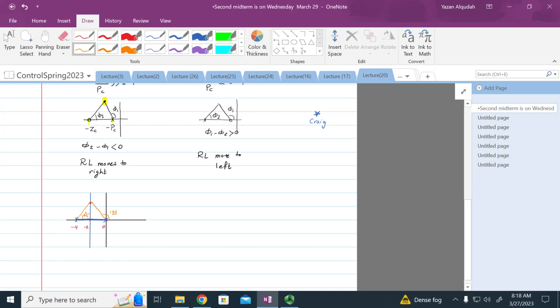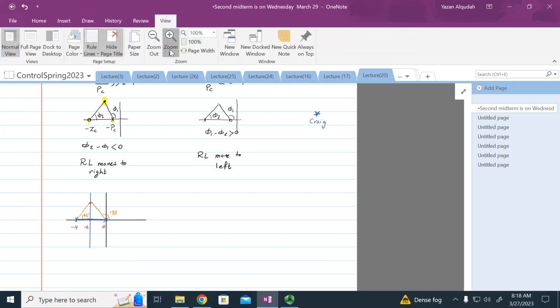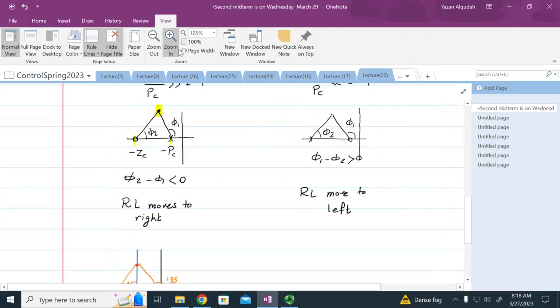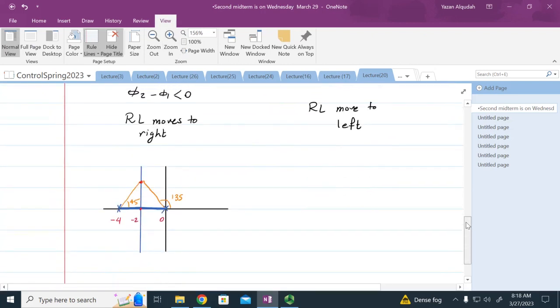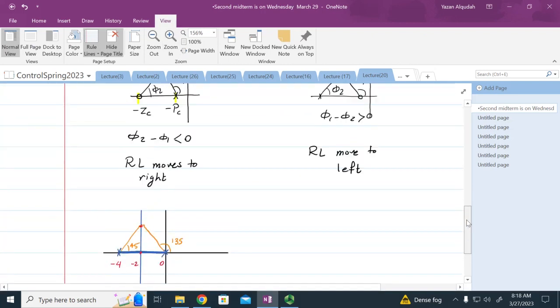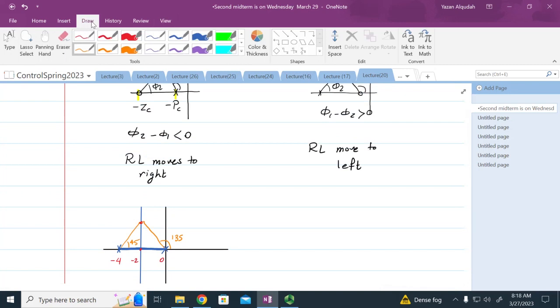Now, what happens if I add a pole and a zero in this configuration? I'm going to zoom in. I came here and I added this pole and this zero to this system.